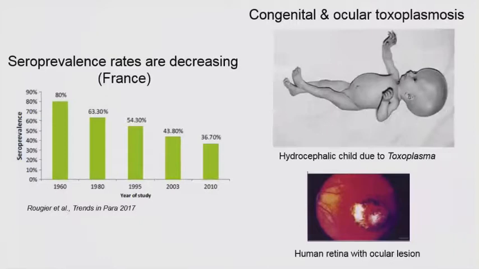So they find out they're pregnant, they test them to see if they're positive. If they're positive, they're okay, because they have antibodies, and they don't need to worry about being reinfected. But if they're negative, then they test the woman throughout pregnancy. If she converts, then they can put her on anti-toxoplasma drugs to prevent larger rates of congenital toxoplasmosis.